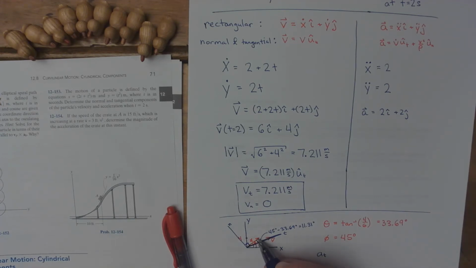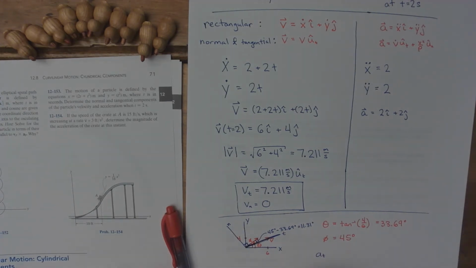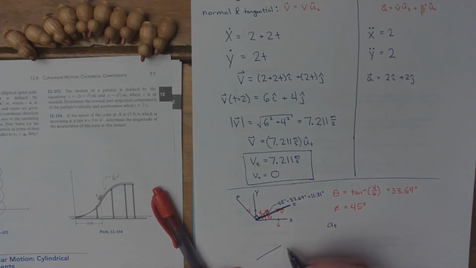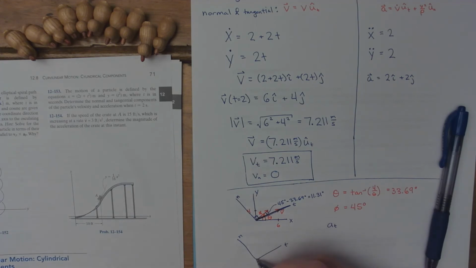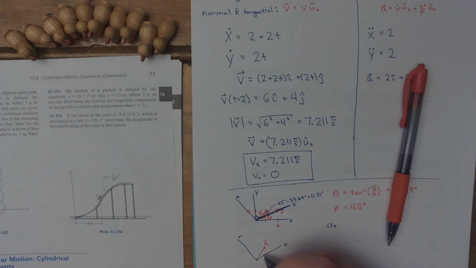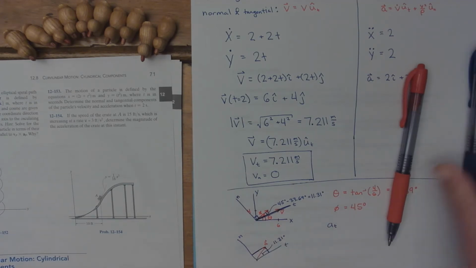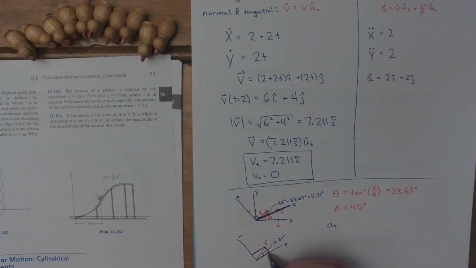So if I take this vector and break it up, let me redraw this. Here's the tangential direction. Here's the normal direction. Here's my acceleration vector. And this angle here is 11.31 degrees. I want to break this vector down into components, a tangential component here and a normal component here.